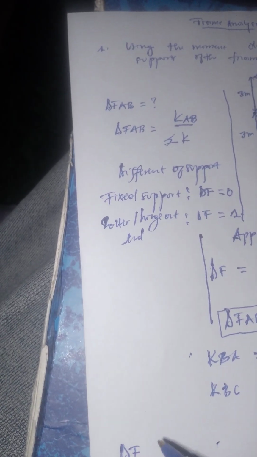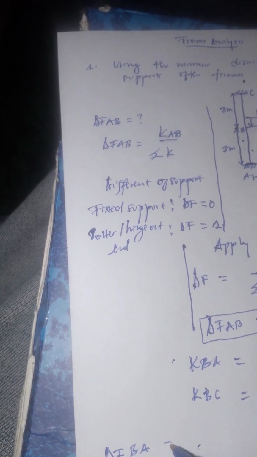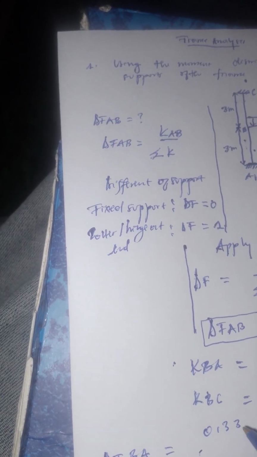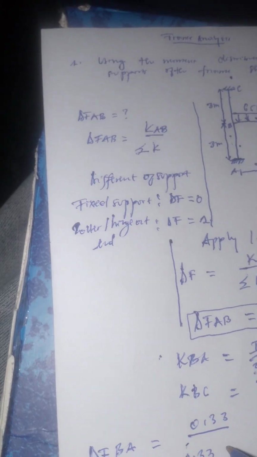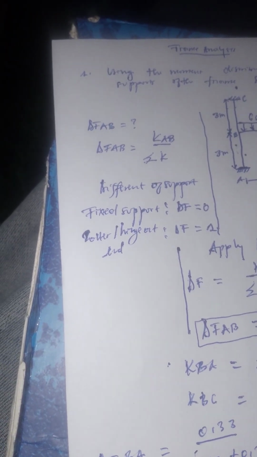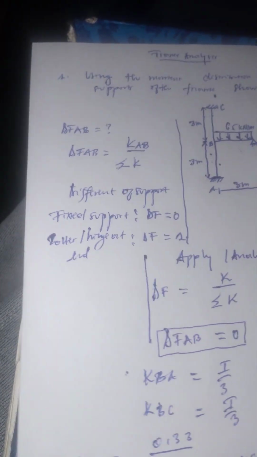Distribution factor BA must be equal to 0.33 as member stiffness over 0.33 plus 0.33 plus 0.25.